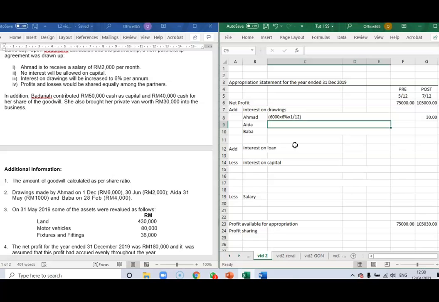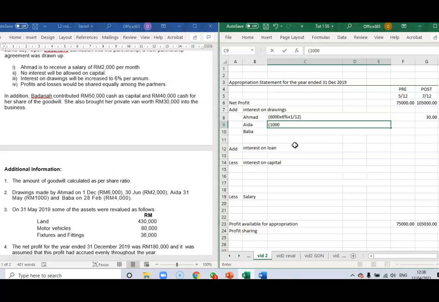And Ida withdrew 1,000 ringgit on 31st May. May 31st means you forward to the next month to calculate. So it becomes 1 June.